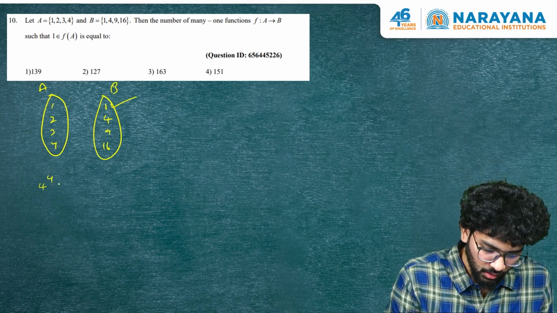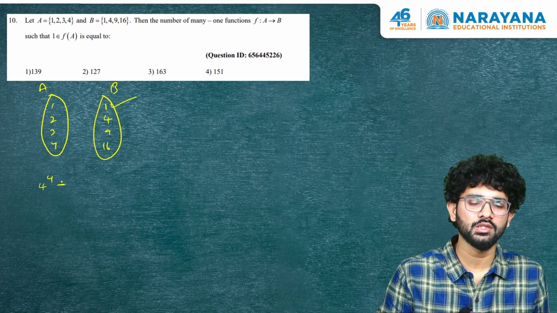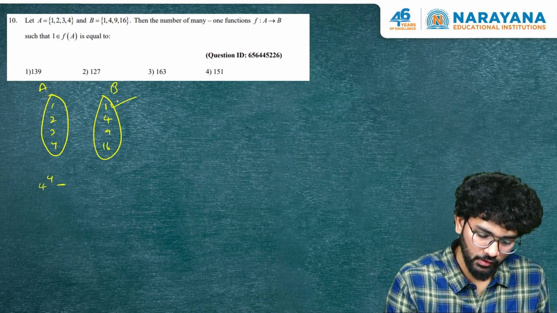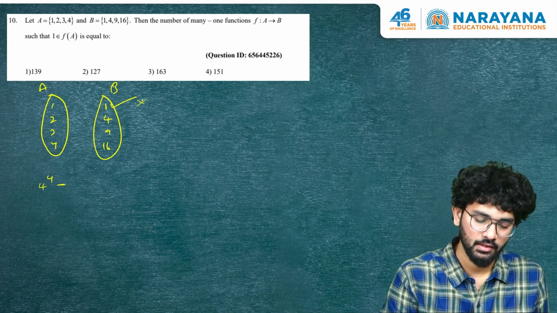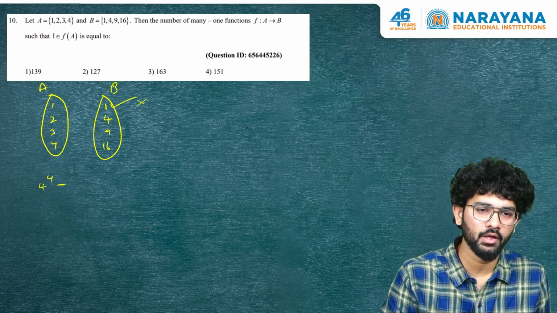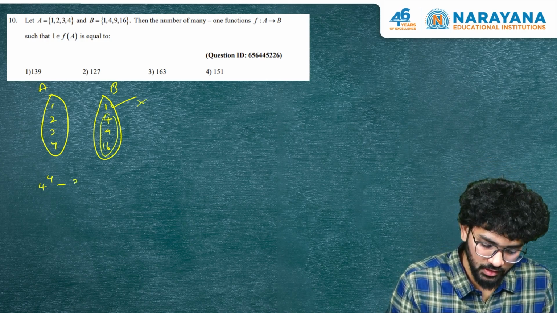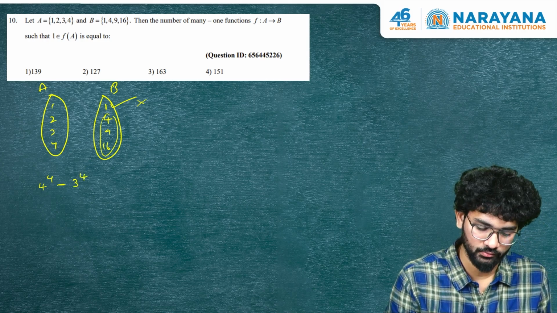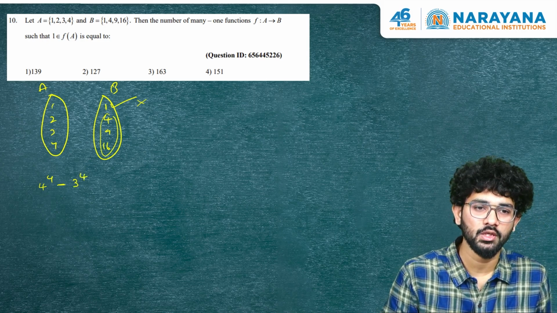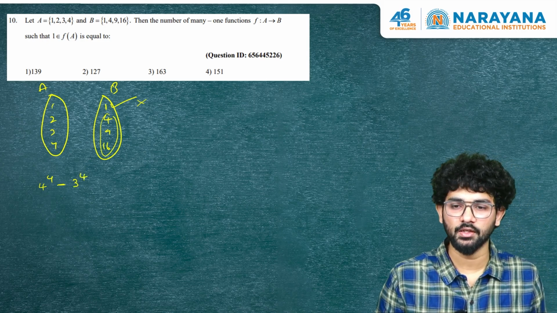From this, I remove the functions in which 1 is not there. If 1 is not there in the range, then for every element in the domain we have only 3 elements to select. So that will become 3 into 3 into 3 into 3, 3 power 4. This is the total number of functions in which 1 is present in the range.